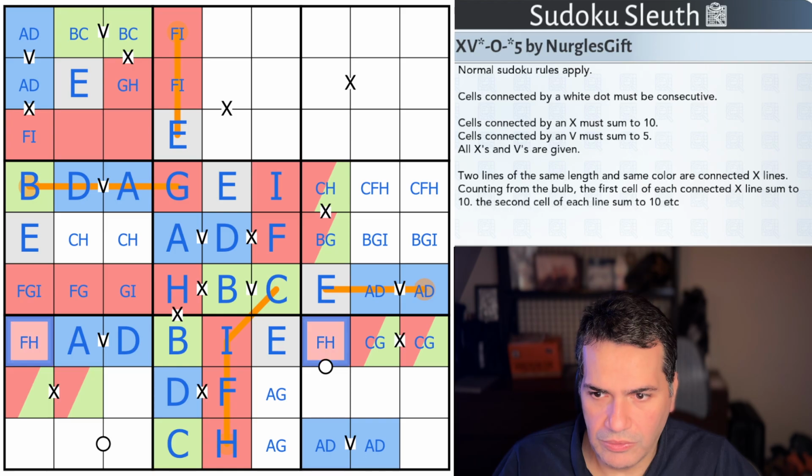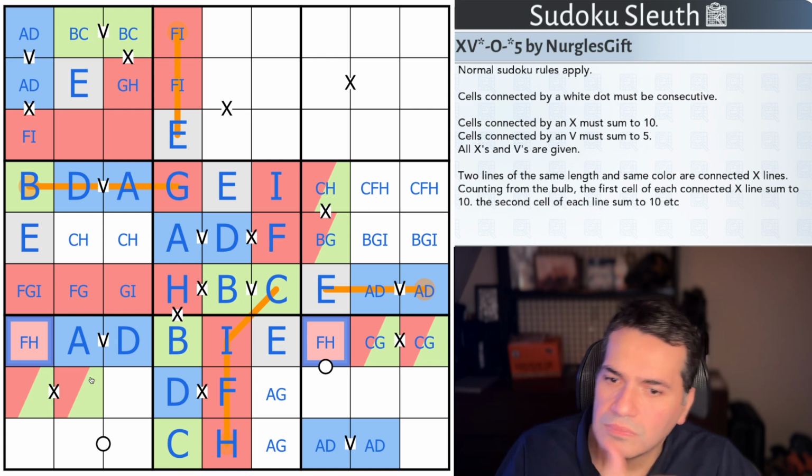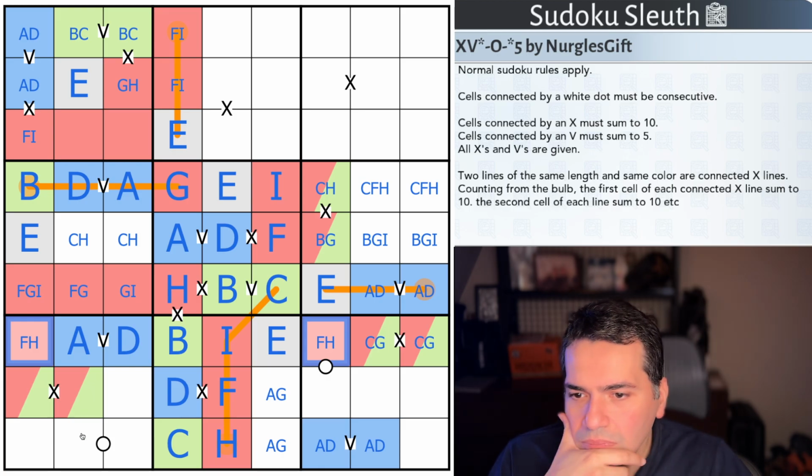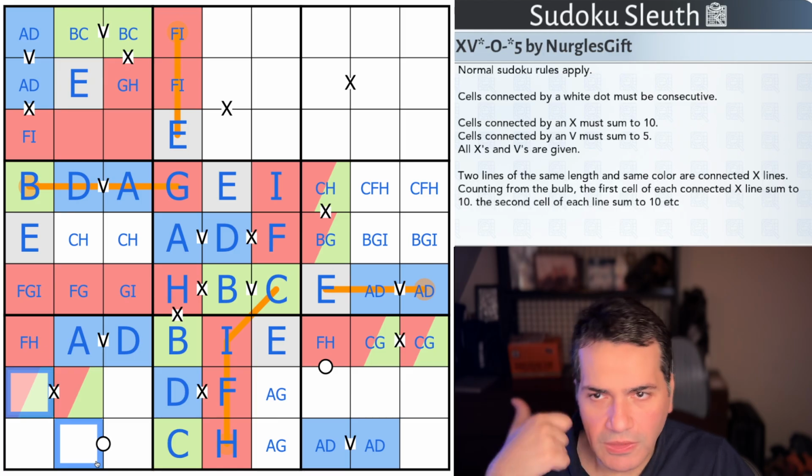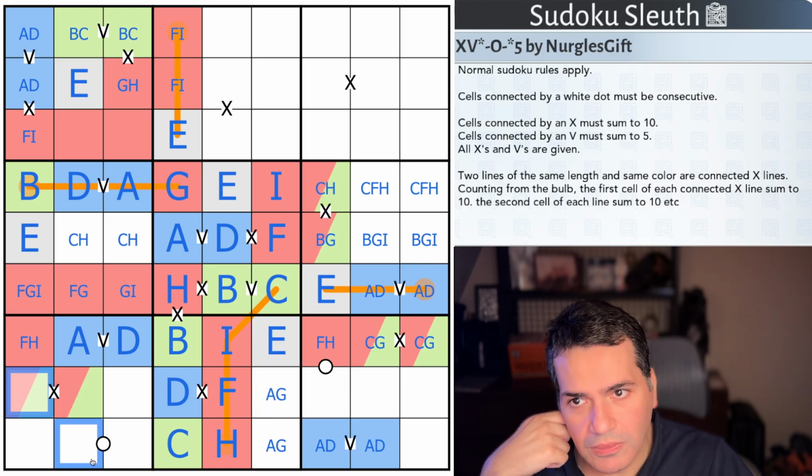Okay, they're both red. Kind of a bit worried around the fact that I have so many pencil marks right now. This is highly unusual. So there's some kind of green X-wing going on here, isn't it?